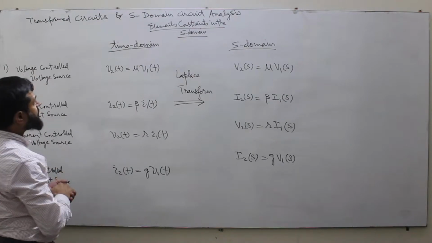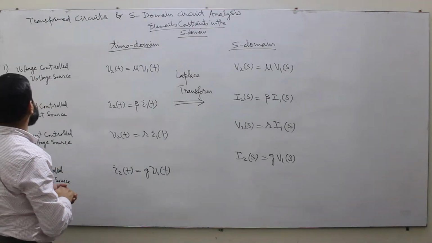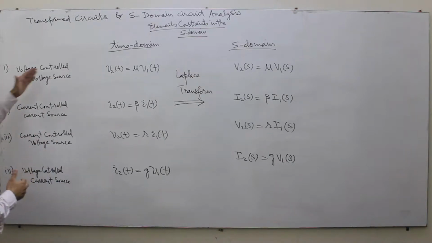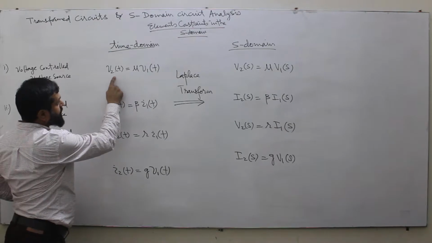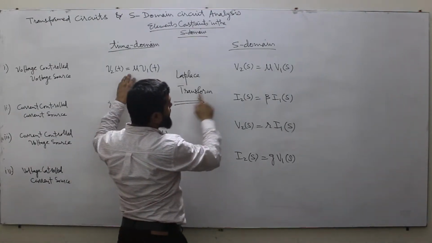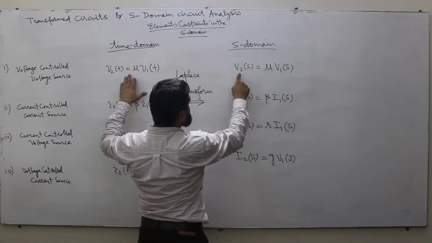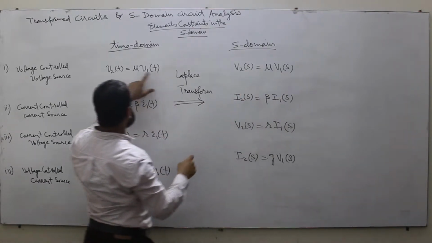Further, because of the linearity property of the Laplace transformation, the voltage controlled voltage source in the time domain, after taking the Laplace transform, will turn into a voltage controlled voltage source dependent on s rather than time.